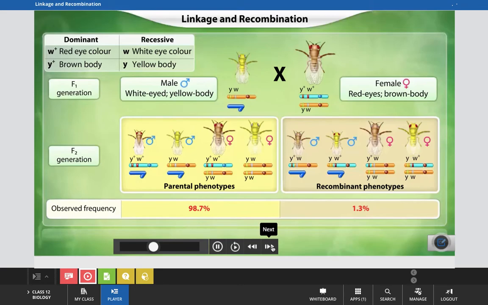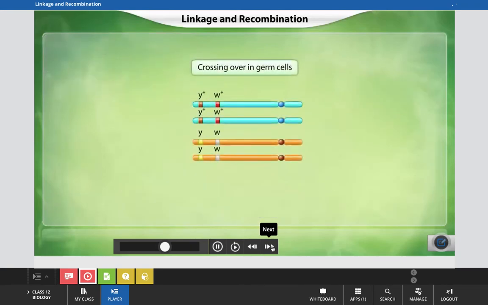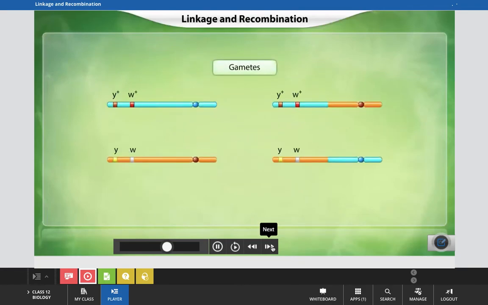However, the deviation was much more drastic. The parental traits were intact in almost 99% of the progeny, and only a negligible 1% showed recombination in traits. This happened because the genes for eye and body color are located quite close to each other.